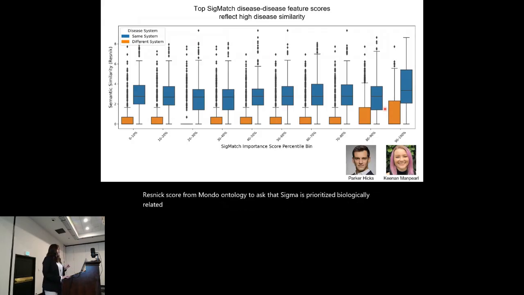On this plot, higher importance scores on the x-axis align with higher semantic similarities on the y-axis, especially for diseases from the same system, shown in blue. This trend confirms that SigMatch captures real biological relationships.